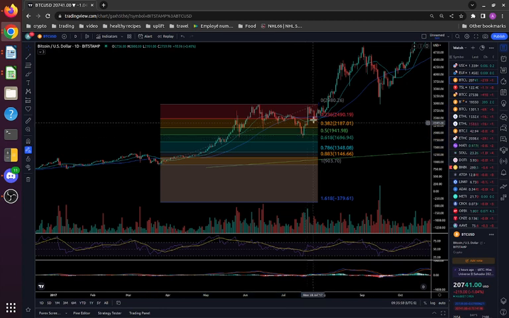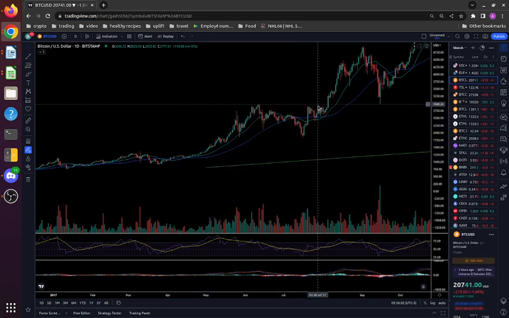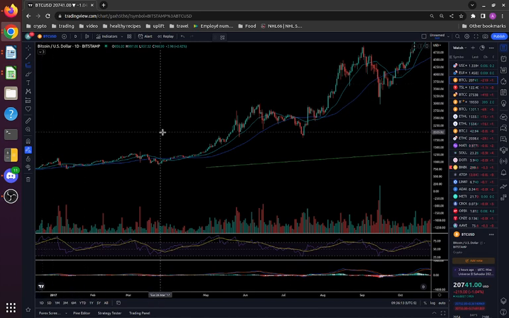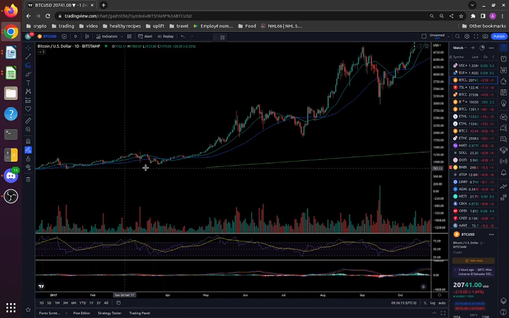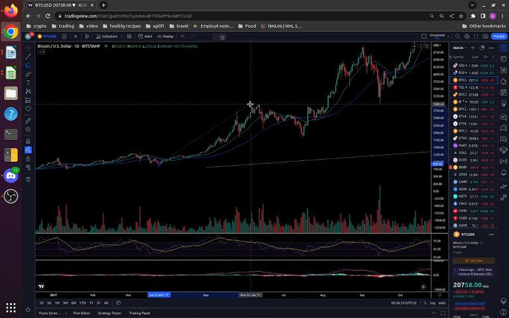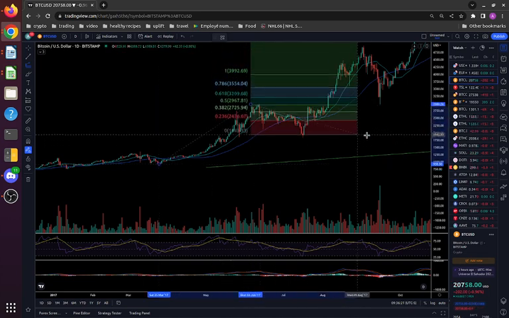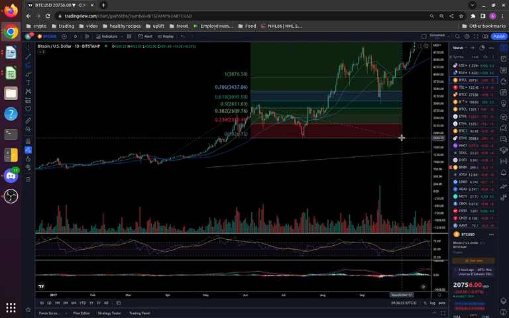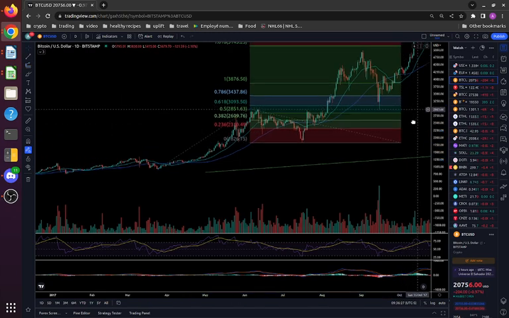The next rule is that wave 3 usually goes near the 1.618. So we're going to make the Fibonacci extension from the beginning of wave 1 to the end of wave 2, and we're going to see this impulsion.